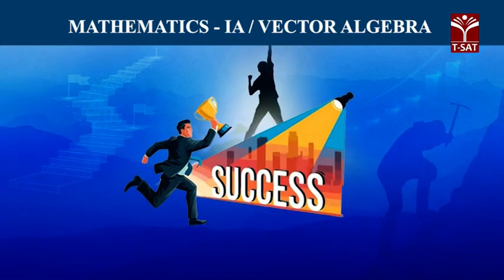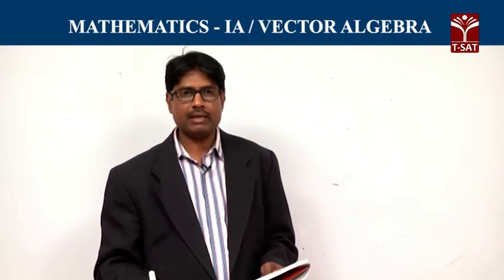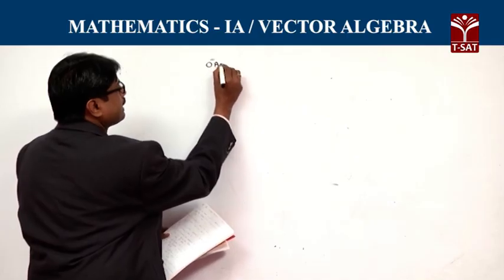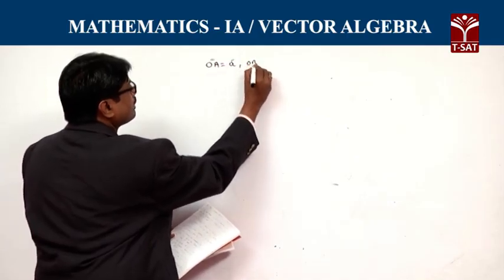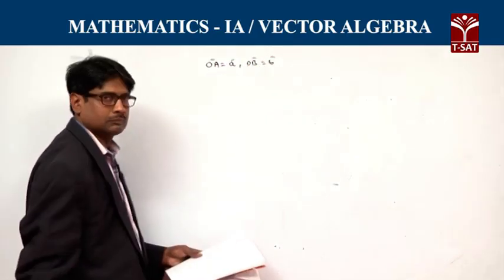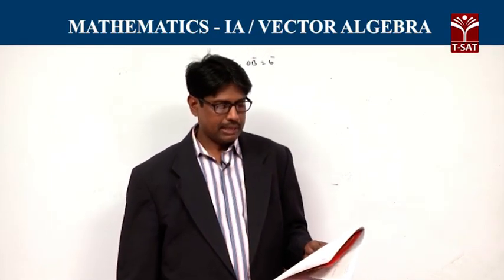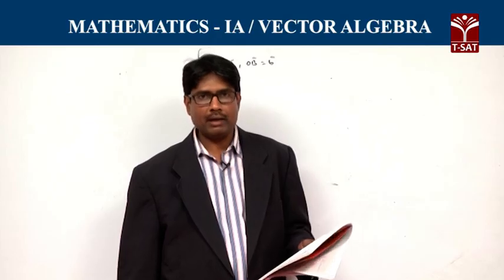The position vectors of A and B are given by A bar and B bar. In the sense, OA bar is equal to A bar, OB bar is equal to B bar. Position vectors of 2 points A and B are given as A bar and B bar respectively.